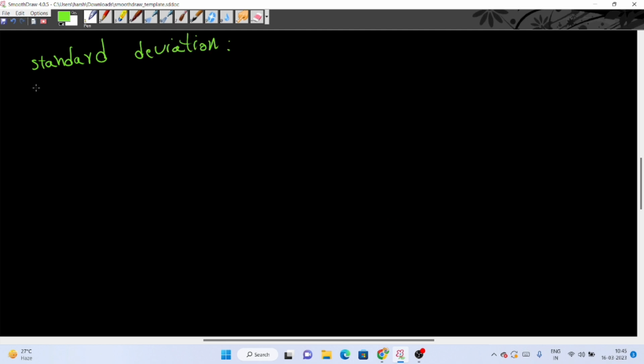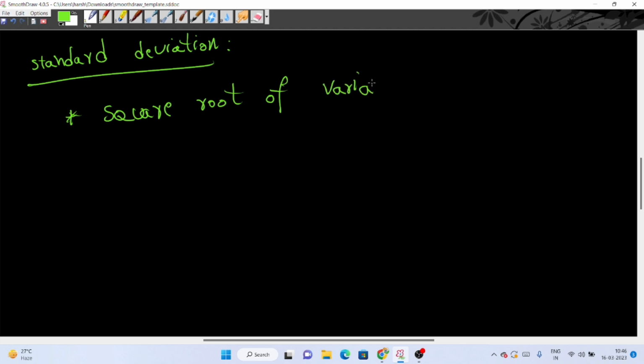If you know about variance, it is going to be super easy for you to understand standard deviation, because it is nothing but the square root of variance. So a standard deviation is nothing but square root of variance.